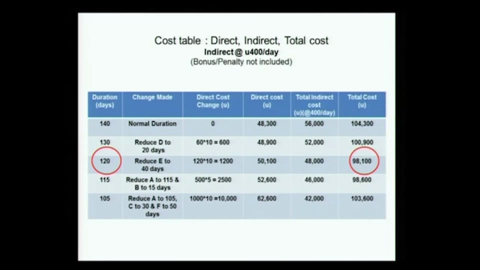Correct. So my question is, given this cost structure, do you see any change in where the minimum total cost of the project will take place? What is the influence of the bonus? Let's look at the table.